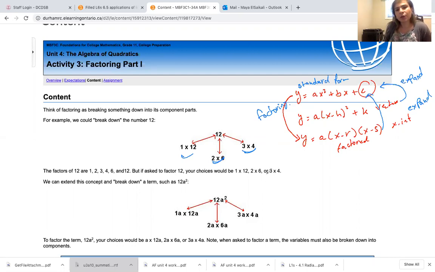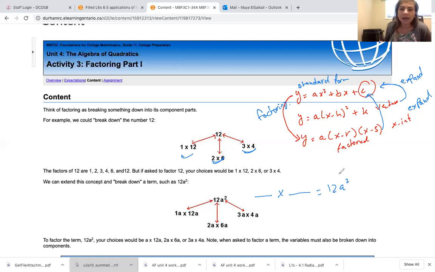Now, remember that we're going to have terms with letters. If I have, let's say, 12a squared, and I want to factor it, I want to split it, I'm looking for something times something that gives me 12a squared. We looked at 12 and said 1 times 12, 3 times 4, or 2 times 6.